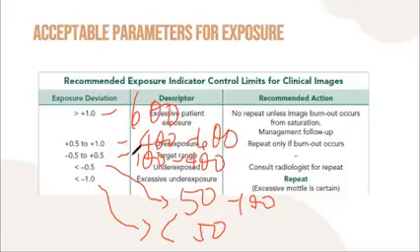The target range is 100 to 400, so it is fine. Then underexposed is 50 to 100, since 100 is our lower margin. So less than 100 is underexposed, and less than 50, which is half of 100, is excessive underexposure.